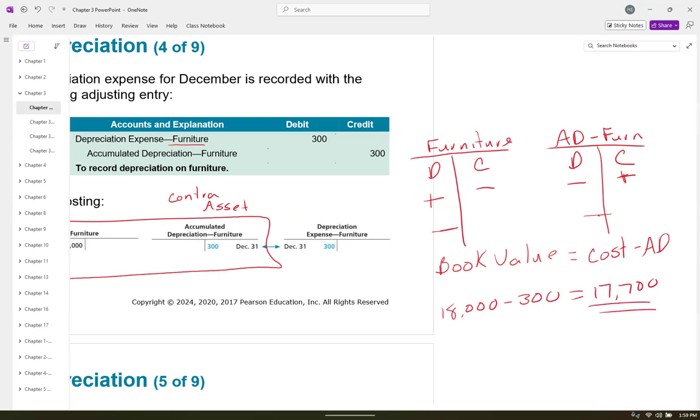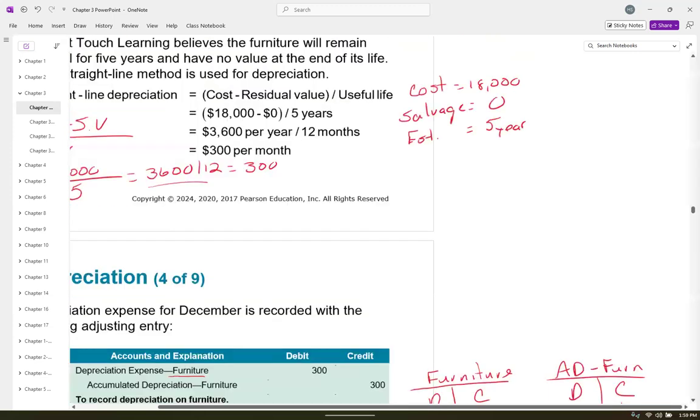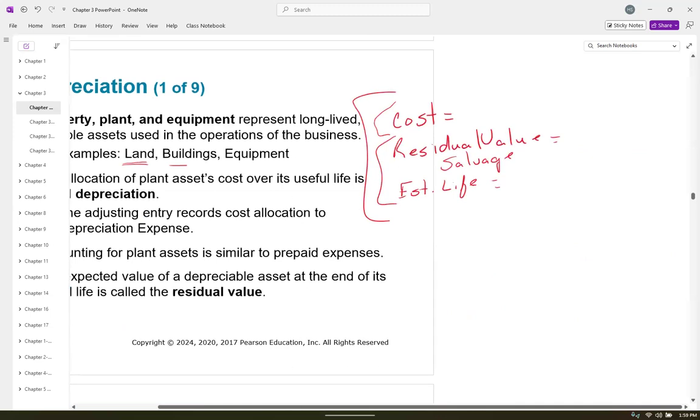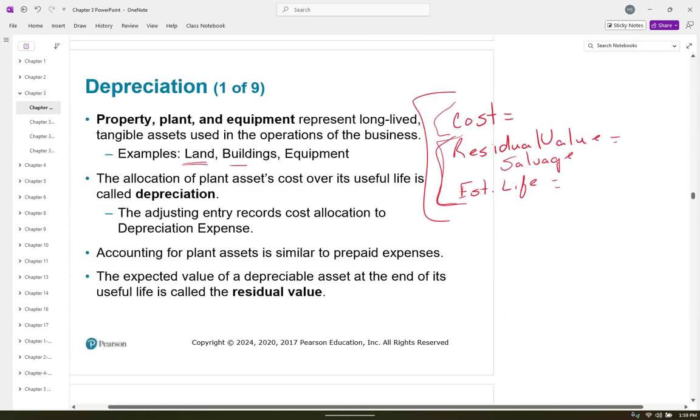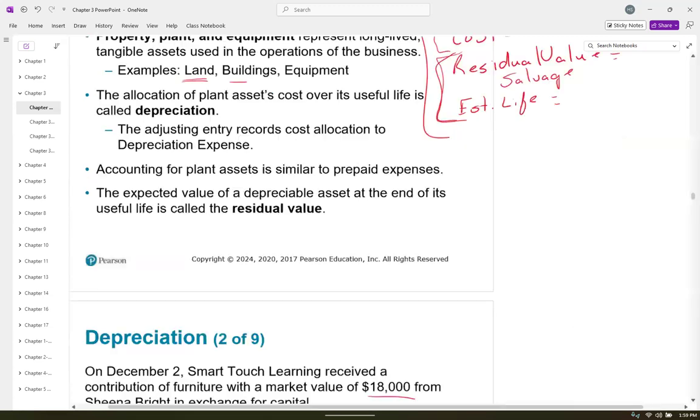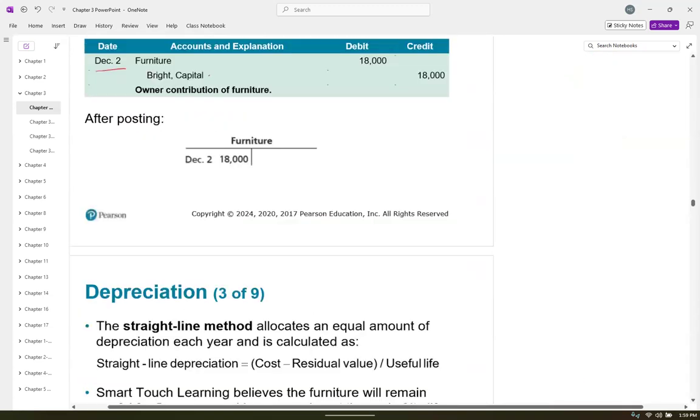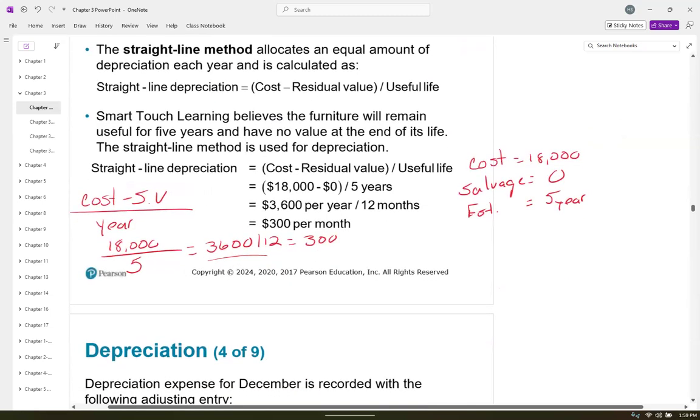That is not correct, because remember, two of these things are just based on estimates. We don't really know if it's really going to be worth zero. It might end up being worth more than zero. It may end up lasting us longer than 5 years, or less time. These two things are estimates.